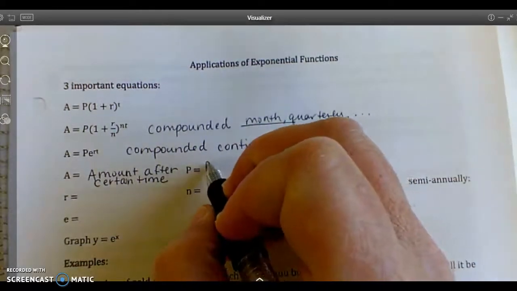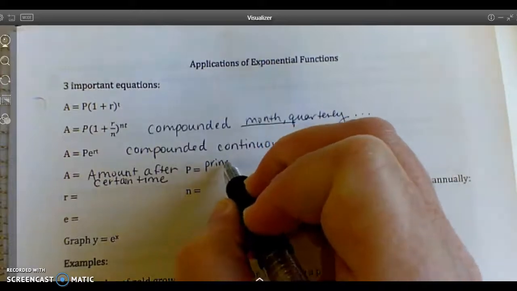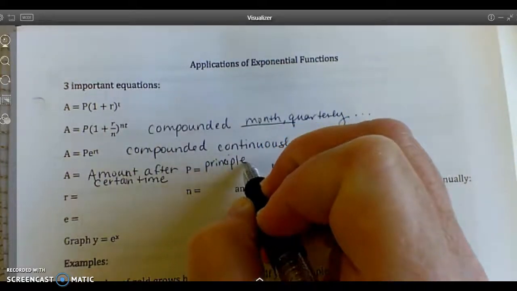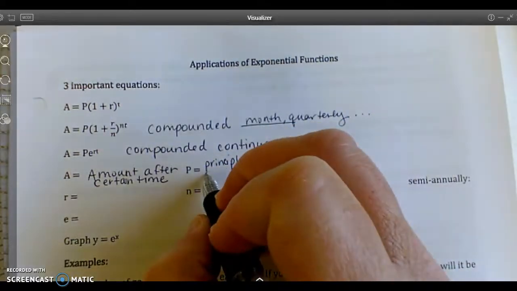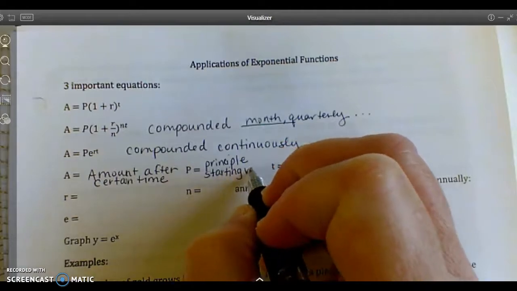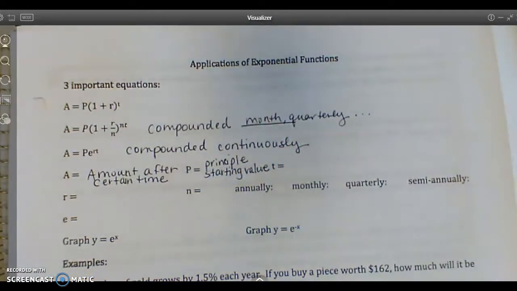P is your principal. And as we talked about before, this is your starting value. It's your original amount, your starting value, it's your y-intercept. If I put money into a bank, it's the amount of money I originally put in the bank.